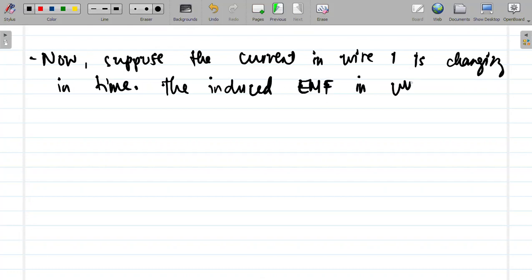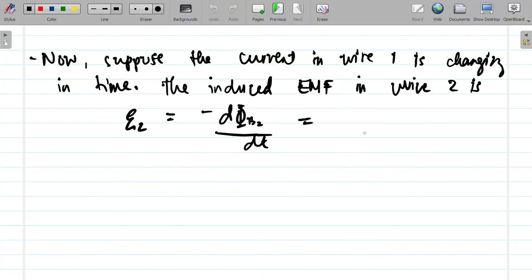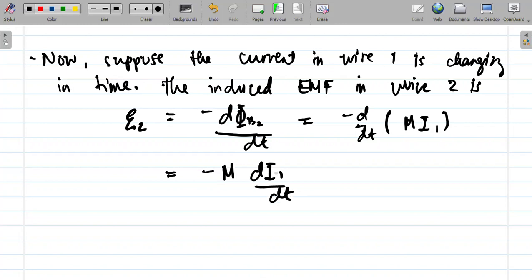So the induced EMF in wire 2, let's call that E2, is negative d phi B2 over dt. Di ba? Negative d/dt ng magnetic flux. Ano ba yung phi B2? Di ba M I1. So negative d/dt ng M I1. And since M is some constant lang yan na hindi dependent sa time, kasi purely geometric quantity siya, this is equal to negative M dI1 over dt.